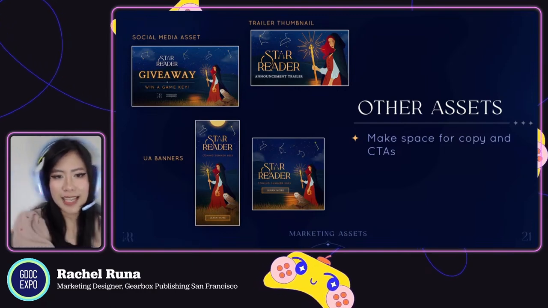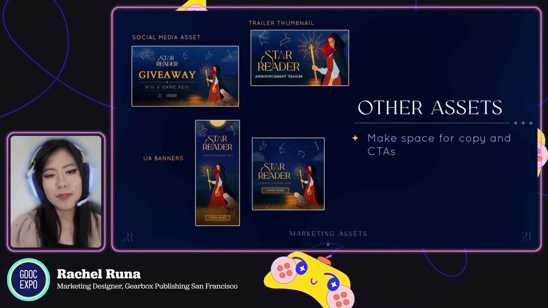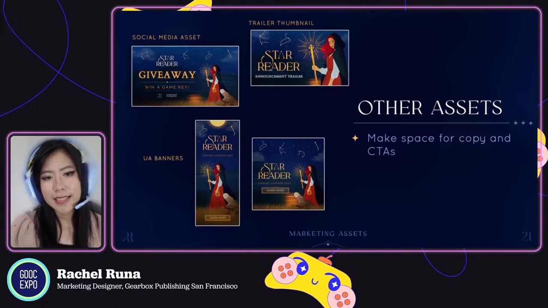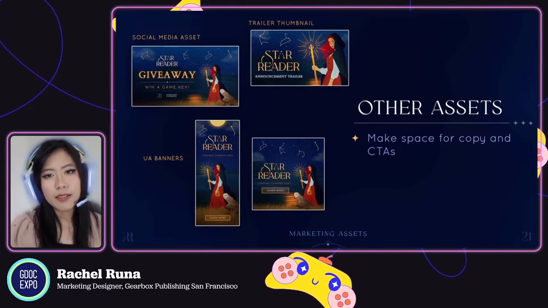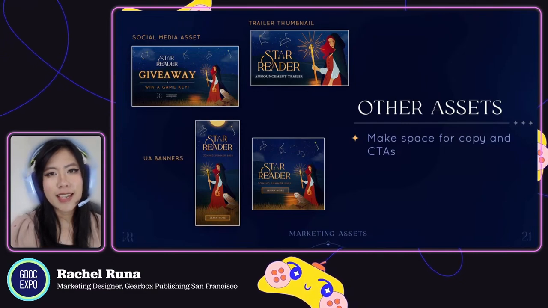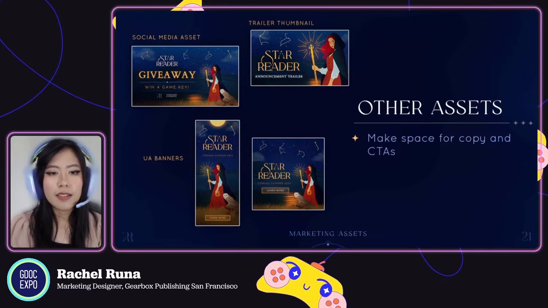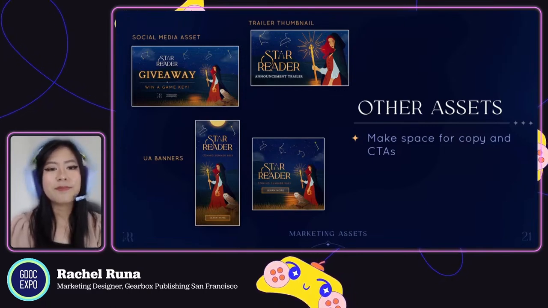And other examples that I didn't think really fit this game could be like a HyperX headset, or it could be a PC case with the key art of the game on it. But in this case, it's a game key.